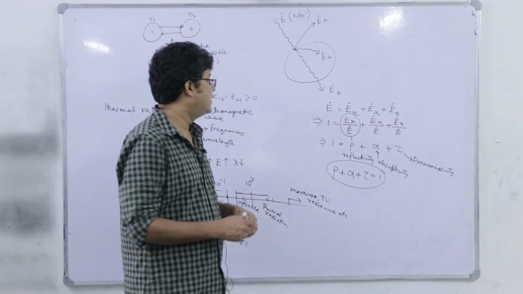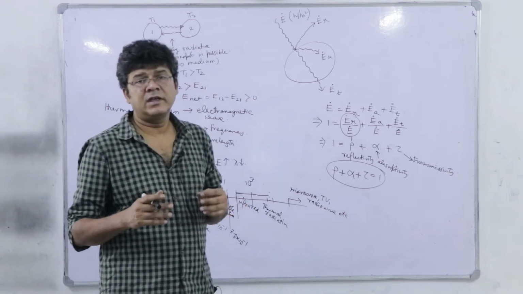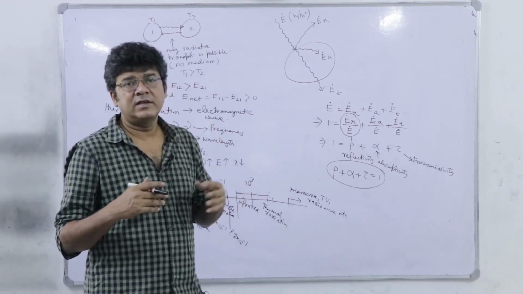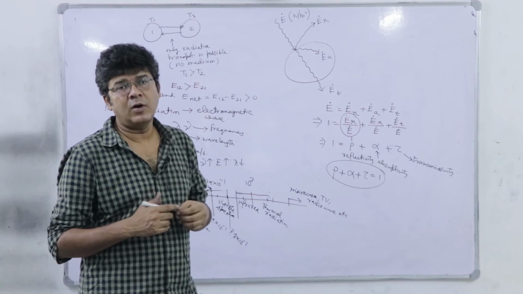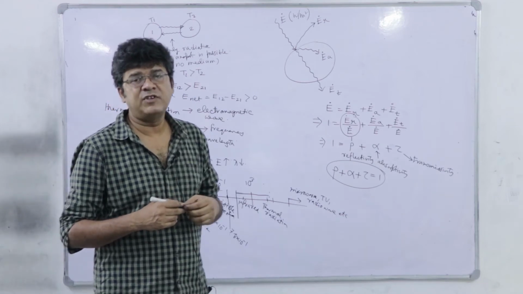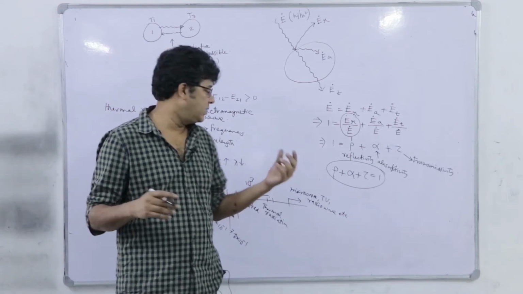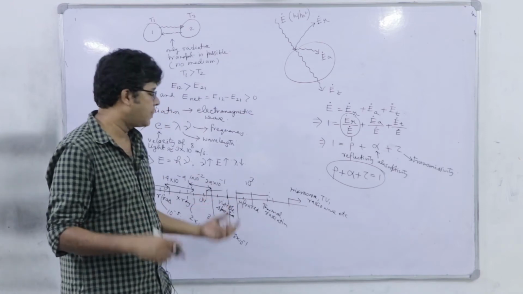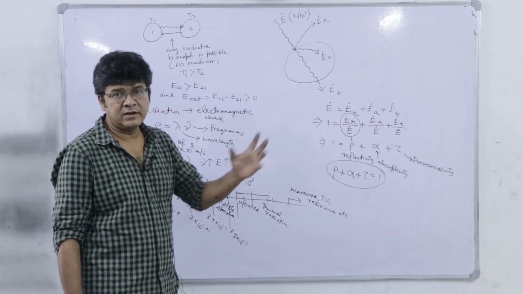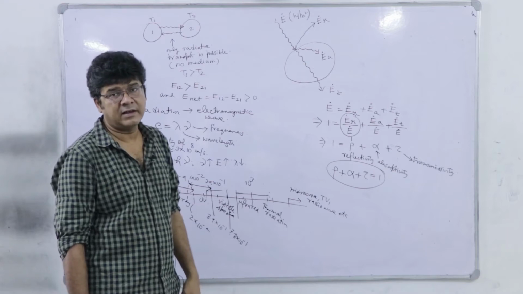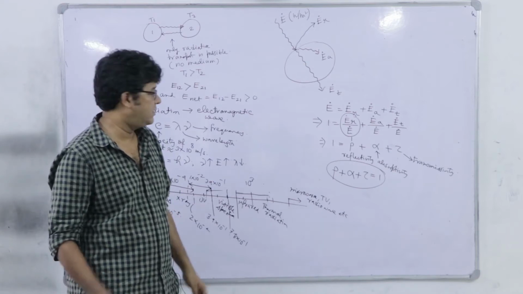Like if an object is absorbing all these VIBGYOR, all the different spectrum within the visible range, except the red light, and it reflects the red, it will appear red.